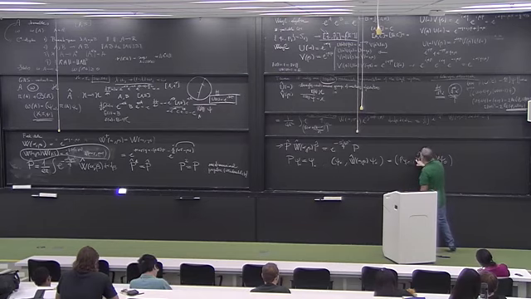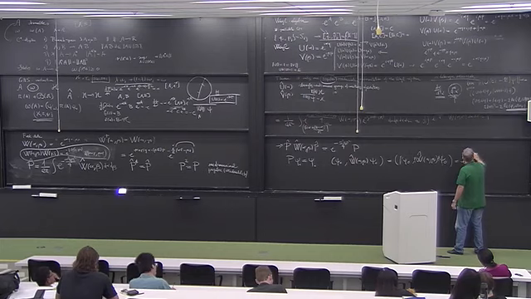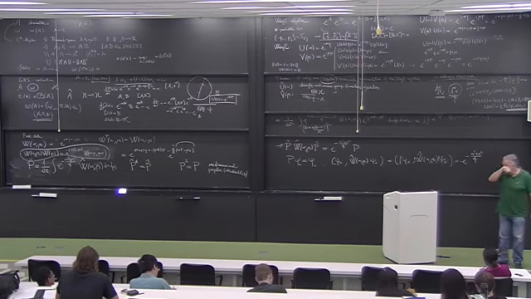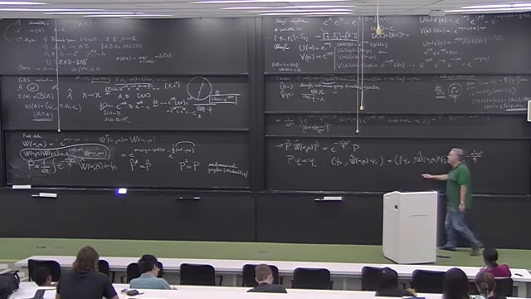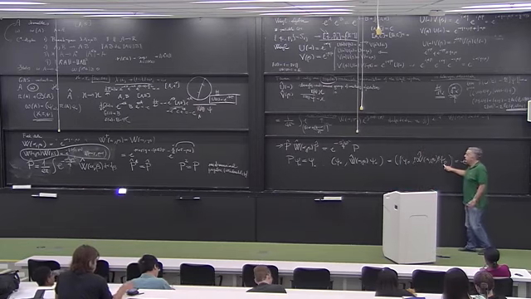Then I use the self-adjointness of the projector operator. And then I use this property here. And I get e to the minus (alpha square plus beta square) over 4. This is the expectation value of the Weyl operator in this vector.